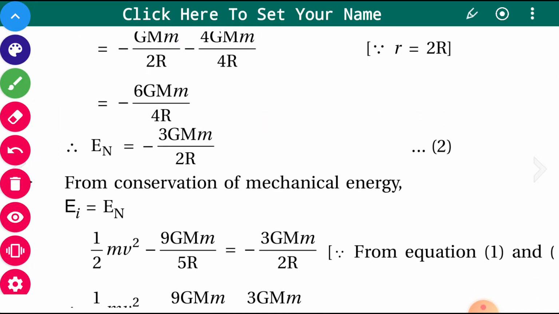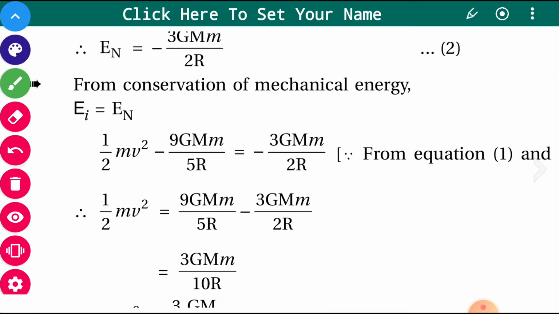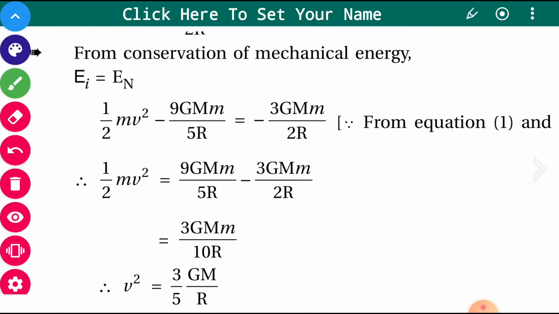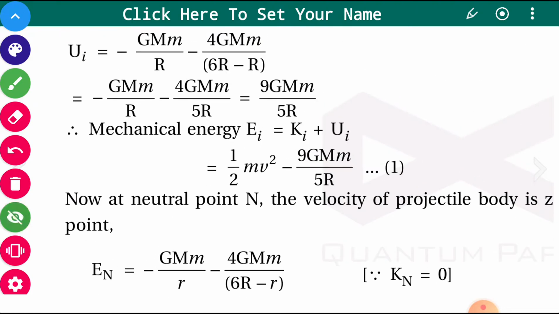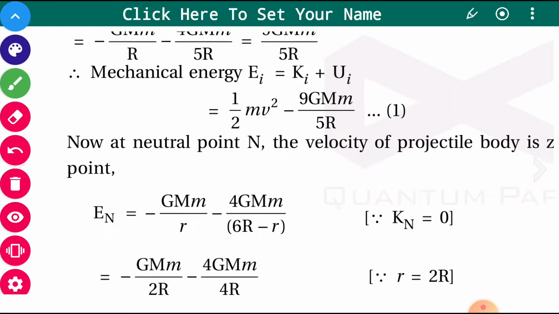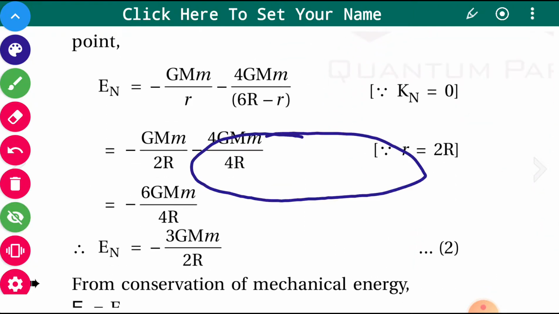Take the LCM, you can do it. Now from the law of conservation of mechanical energy, initial energy on the surface of the first sphere is equal to final energy at the point where there is a zero force, that is neutral point or null point. So comparing these two energies which we have obtained, the first energy in the first equation is equal to the value which we have obtained here.